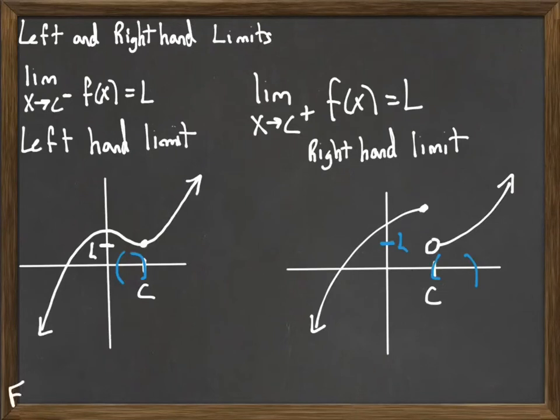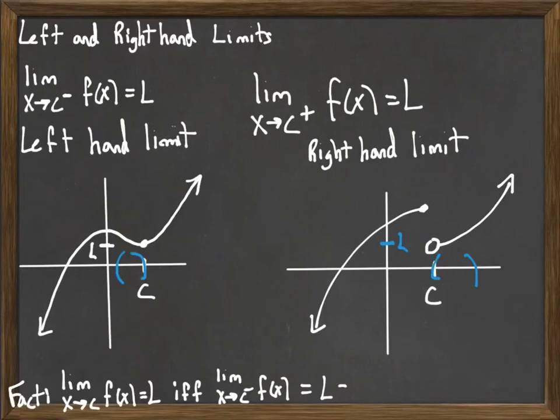In fact, we can state this as a fact here. The limit as x approaches c of f of x equals L if and only if, IFF being the abbreviation for if and only if, the biconditional, the left-hand limit is equal to L and the right-hand limit is equal to L. Okay, if and only if.